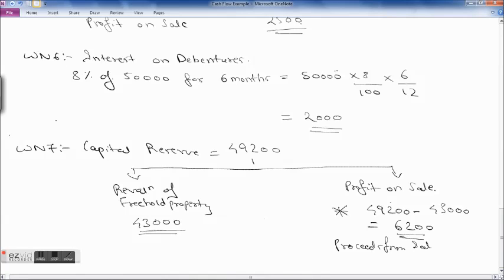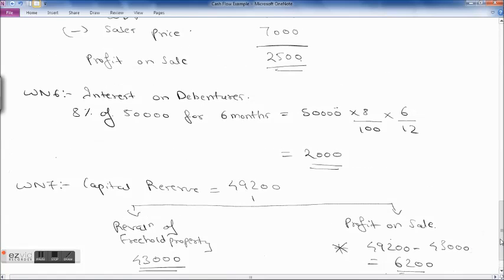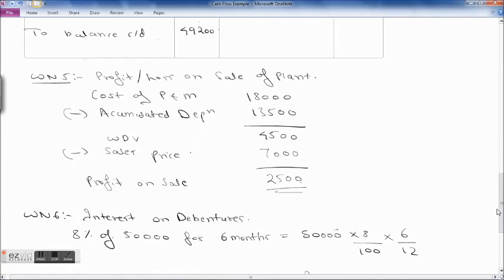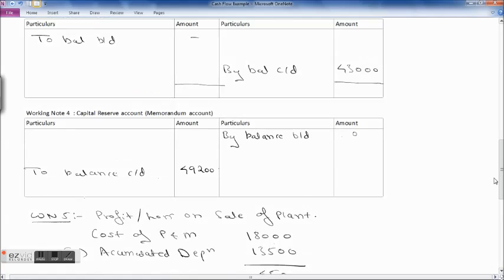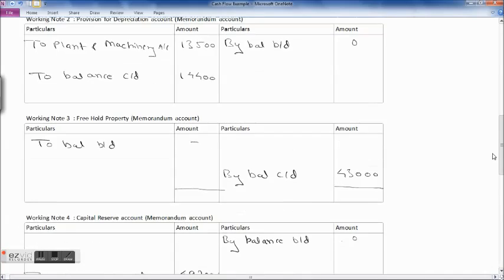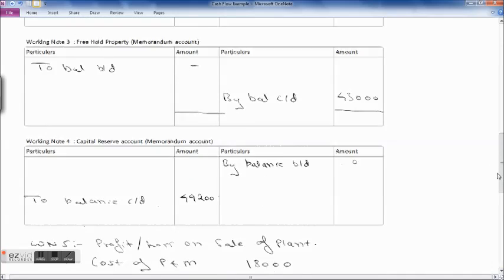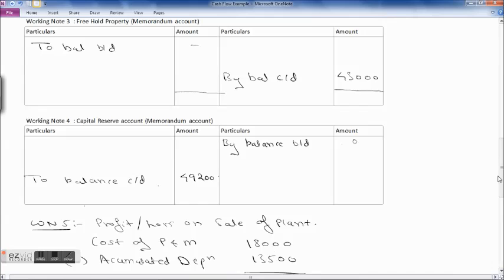And since there is no depreciation which is charged on freehold property, whatever you have received, you have transferred entirely to your capital reserve account. So the entry will be your freehold property, proceeds from sale of freehold property here.